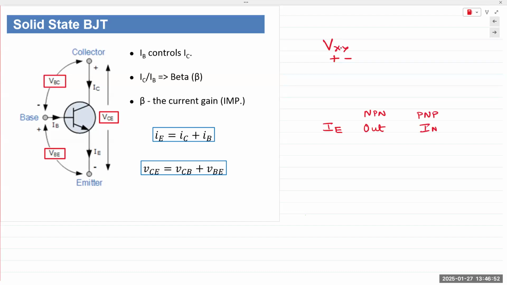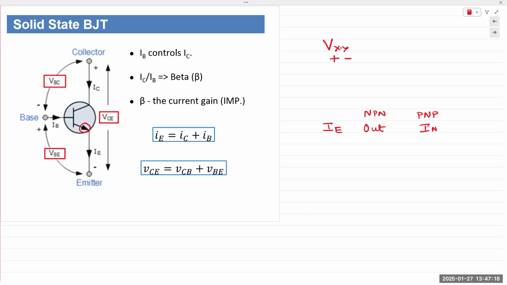Hence, the symbol shows you an arrow. The arrow in a BJT denotes that the terminal is the emitter. If the arrow is pointing out, that means it's an NPN transistor because the emitter current is coming out. In a PNP transistor, the arrow is pointing in.